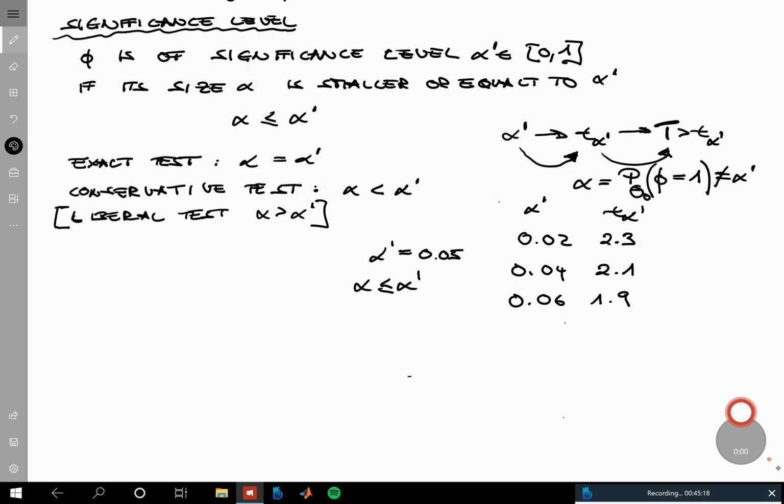Now we could interpolate, but say you want to stick to the table, so then you would not, of course, choose this critical t-value here, because then you would already know that the size is larger. You would choose this, where you can also call that alpha. So you would choose 0.04.